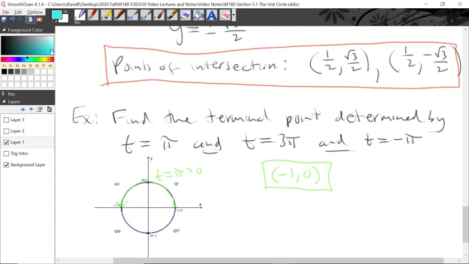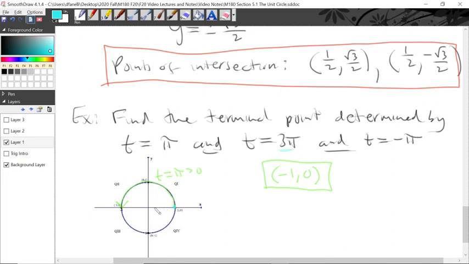Now let's take a look at what if t is equal to 3 pi? Well, 3 pi is also greater than 0, so we're going to be traveling through the unit circle again in the counterclockwise direction. We're going to start at (1, 0), and rotate through a distance of 3 pi.